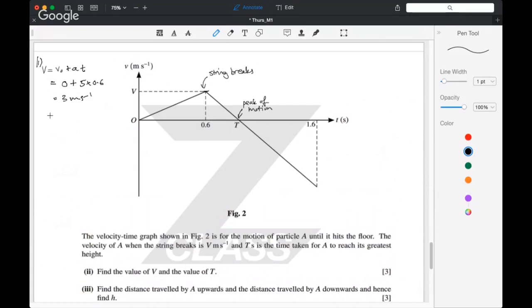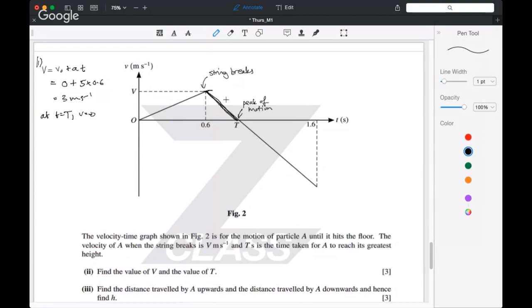And then we need to find t. So consider what the velocity is at this time. Well, it's the peak of the motion. The velocity is always 0 at that peak because it's the point at which it stopped moving upwards and starts moving downwards. It passes through complete stillness at that moment. So at t equal to t, v is equal to 0. We can use this piece of the motion to analyze how long it takes. We know what the acceleration is after the string breaks.